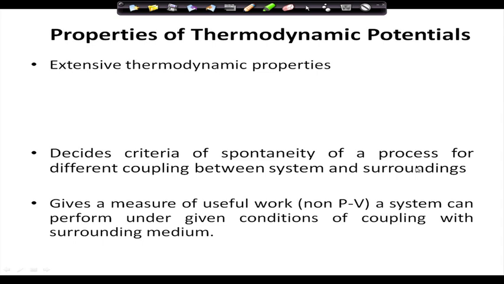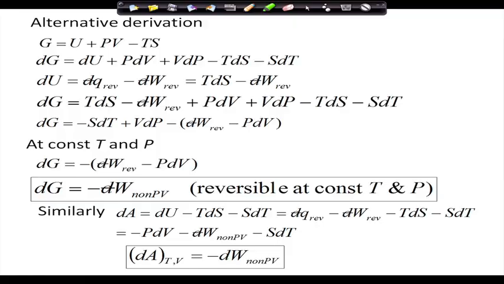From here, in a nutshell, we can go to the properties of thermodynamic potentials, but before we do this, I would just like to present an alternative derivation of the decrease in Gibbs free energy being equal to the non-PV type of work. I have done an alternative derivation for both dG as well as dA. Since both of them are thermodynamic properties, in whatever way we do the derivation, we are supposed to arrive at the same results, provided the initial and final states are the same.